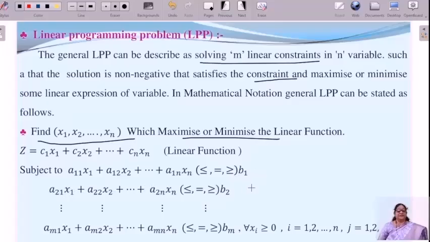Similarly, the last constraint is am1 x1 + am2 x2 + ... + amn xn less than or equal to, greater than or equal to bm. Here the restrictions are that all constraints and variables must be non-negative, x1 to xn, where i runs from 1 to m and j from 1 to n.